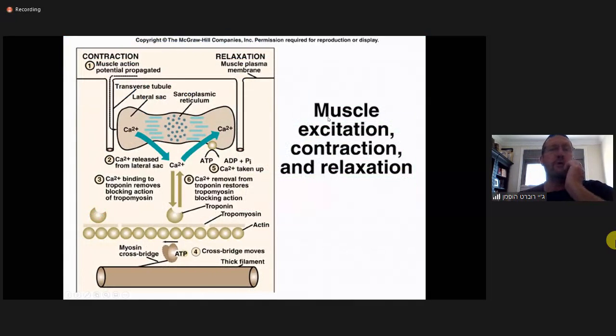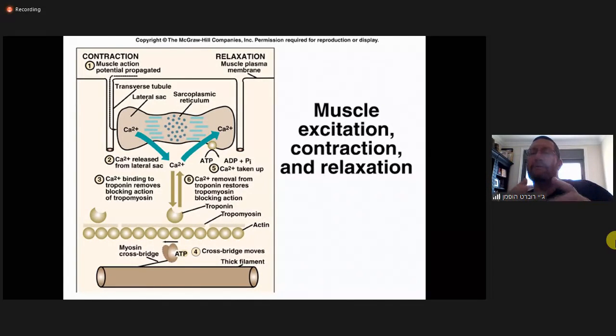So this is just a review of muscle contraction. As I said, we're going to go over this quite often. So we have the motor action potential propagated. Okay, so you have the neuromuscular junction, the action potential, the acetylcholine crosses over into the postsynaptic membrane. As the acetylcholine comes over, it's going to cause an action potential where sodium ions go into the cell, potassium leaves, creates a change in the electrical structure.